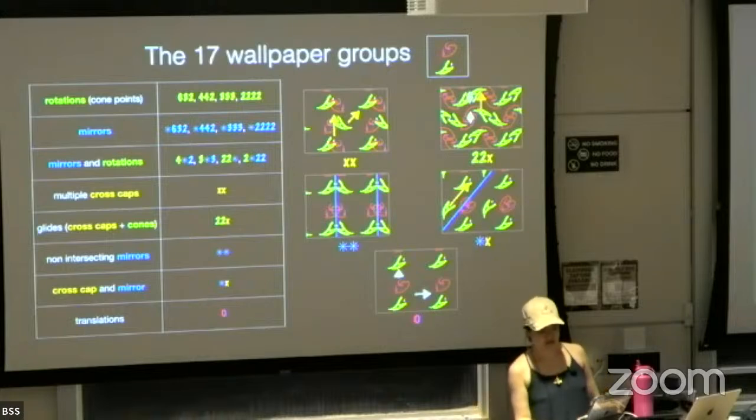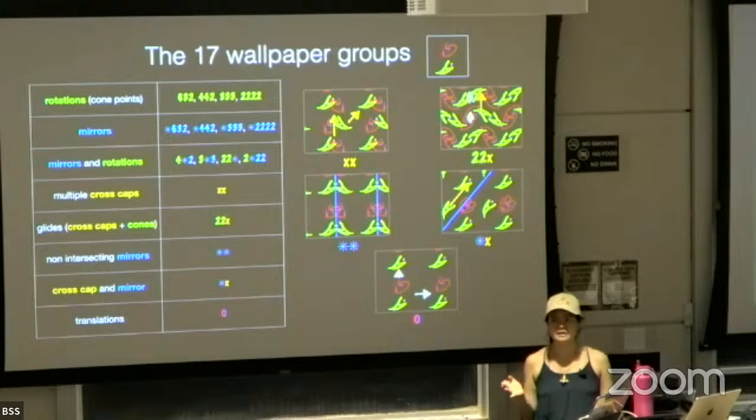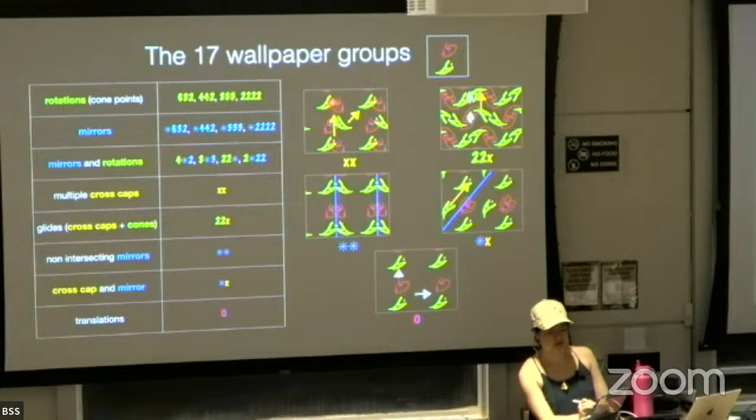The two glides is probably the hardest visually to spot if you're looking for symmetries in the wild. Here we've got one glide reflection in this direction, so a sort of translation and rotation. There's also a glide symmetry in this direction, so a translation and a reflection through there. Two mirrors gives us this structure.